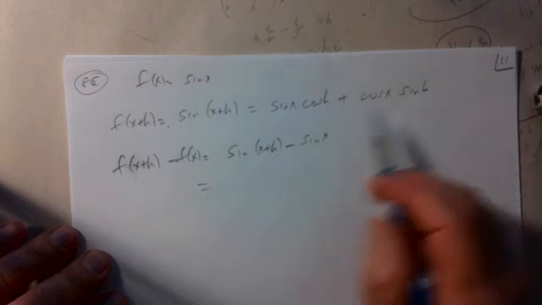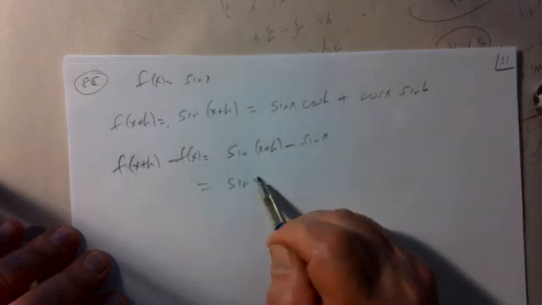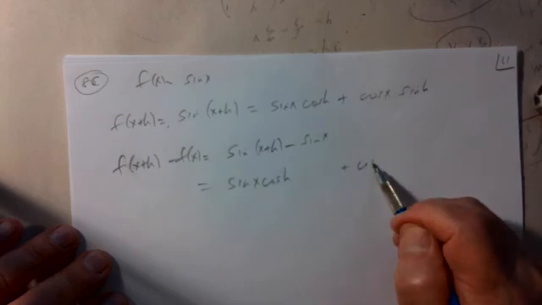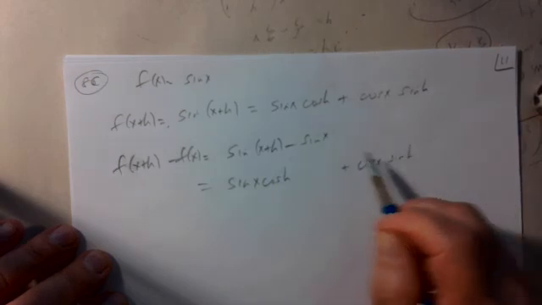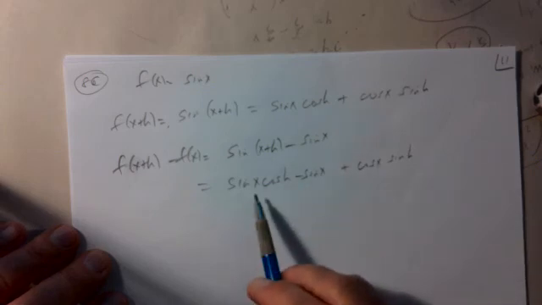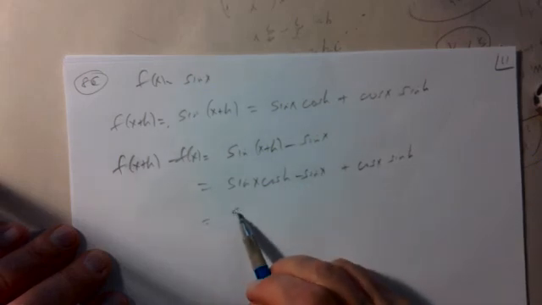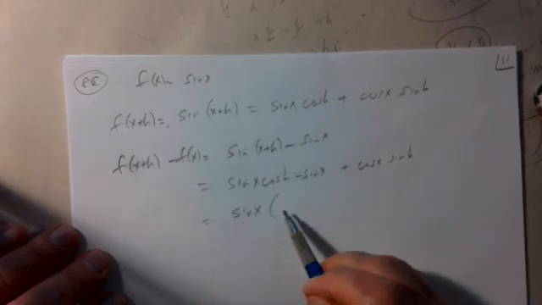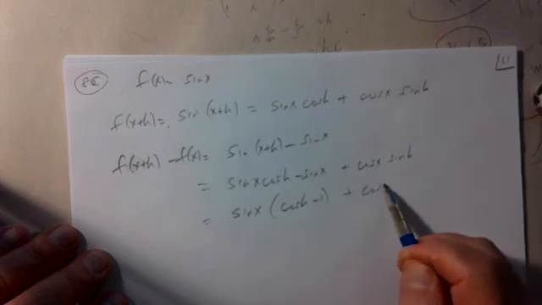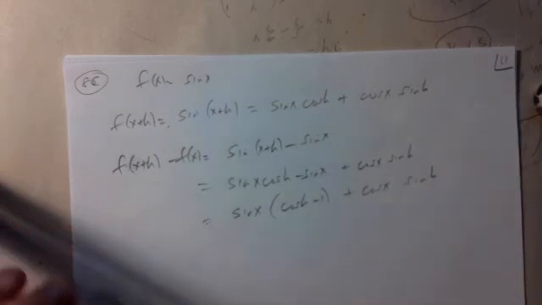This is sine x cosine h plus cosine x sine h minus sine x. I'll put that here because then I can factor out a sine from this first term. I get sine of x times cosine of h minus 1 plus cosine x times the sine of h.